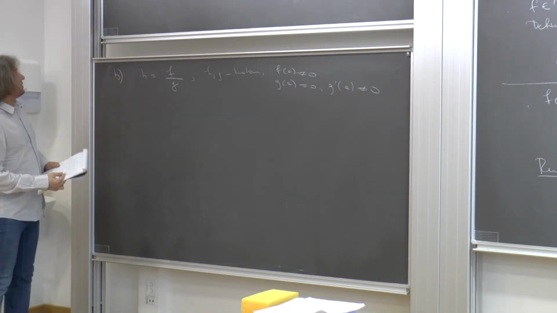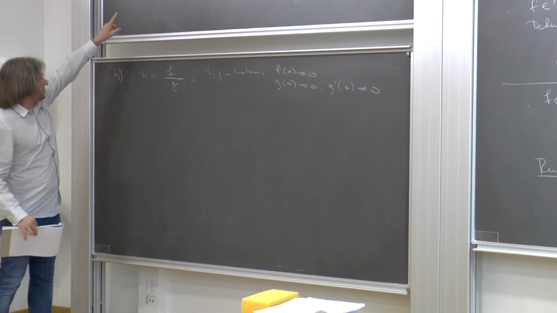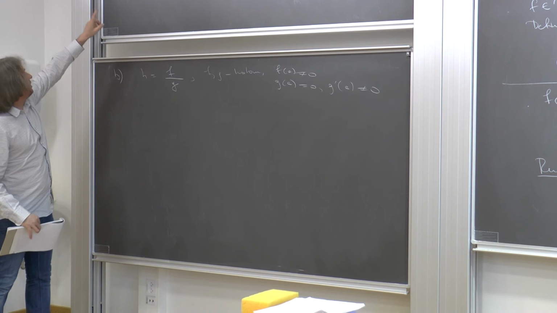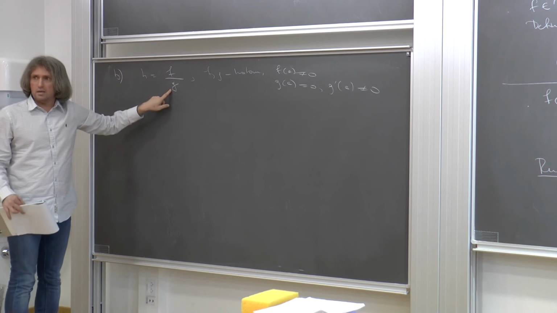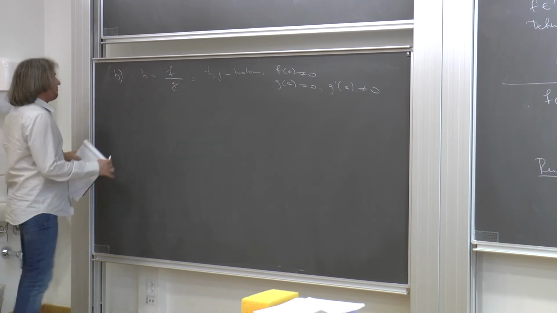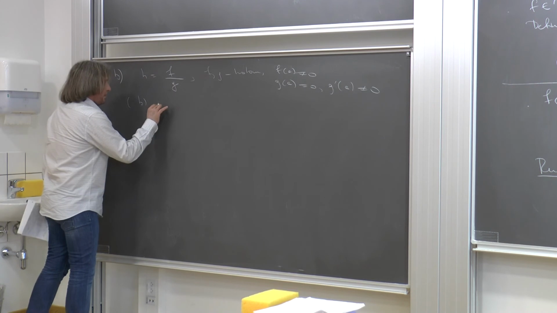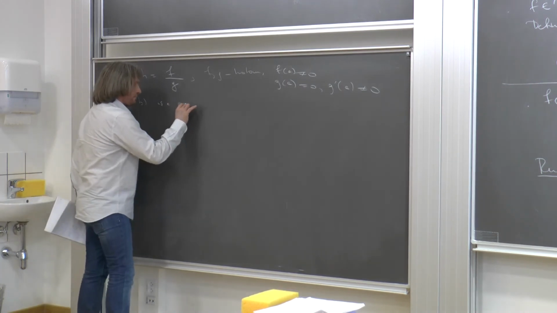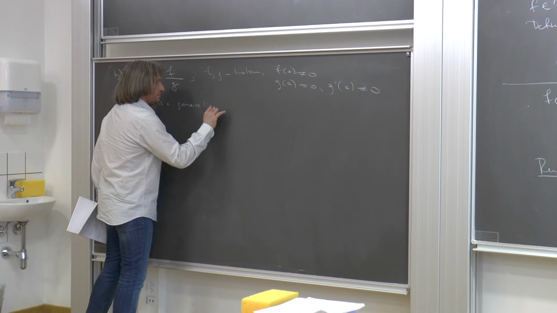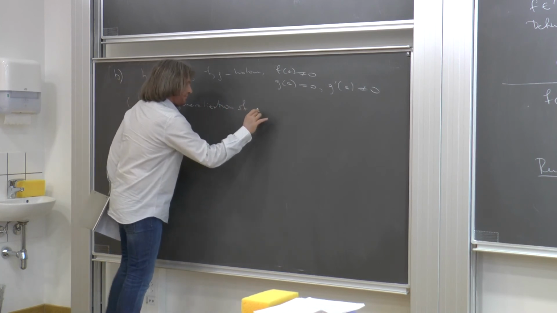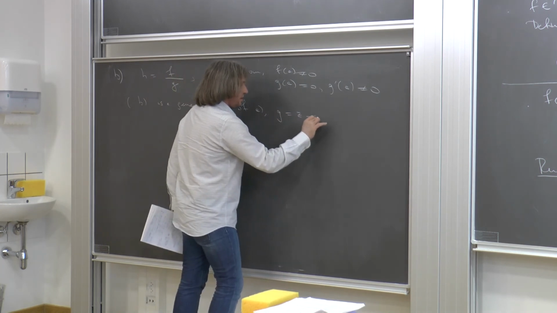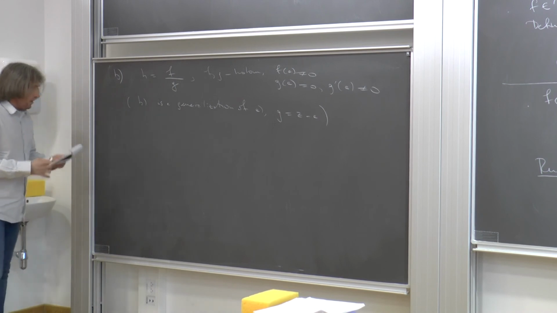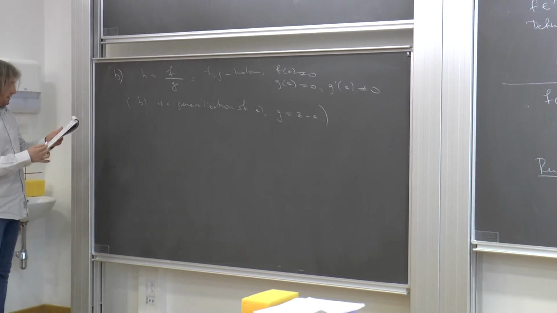If you think about it, this corresponds to g being z minus a. I'm just emphasizing that B is a generalization of A, with g being z minus a. Okay, so then let's see what we want to do.